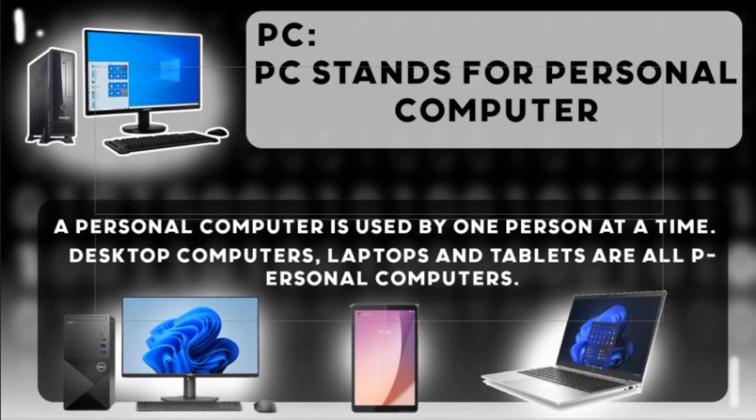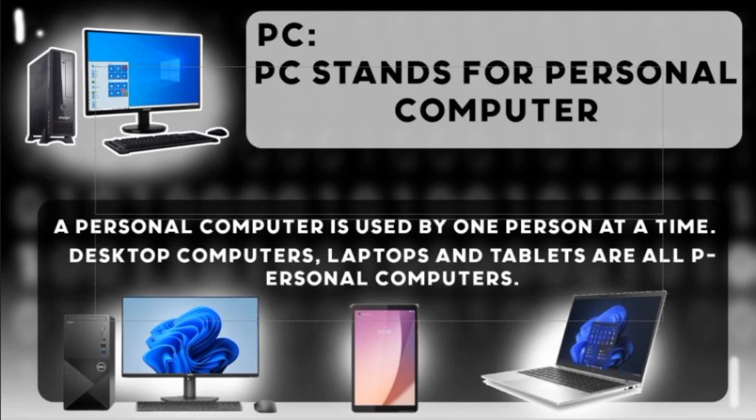Now another example is laptops. These are also personal computers. These are similar computers that you can carry around. One of the differences between desktop computers and laptops is that you can carry laptops around with you anywhere. They're portable. Meanwhile, a desktop computer is not portable since they're big and they require a desk, a proper setup.